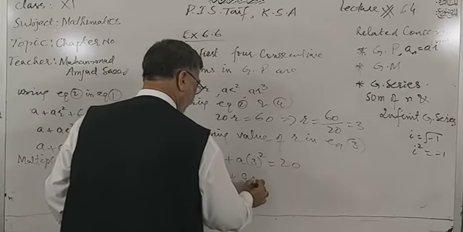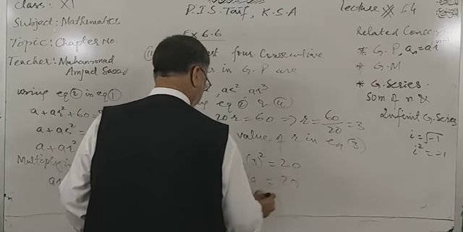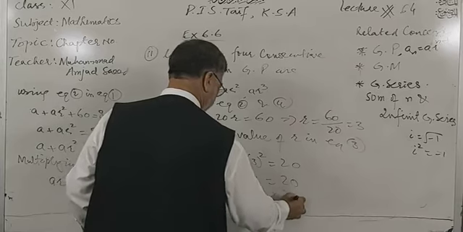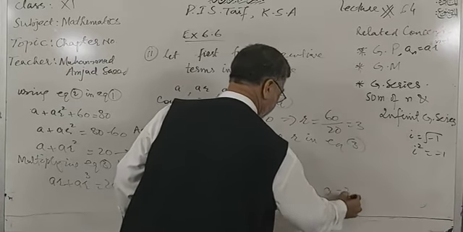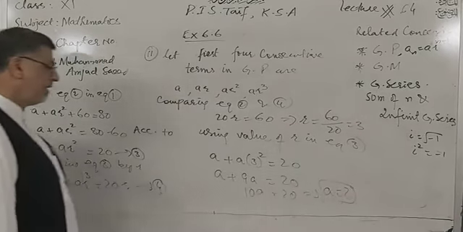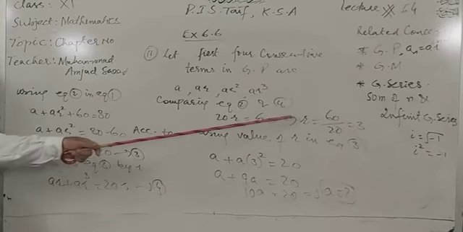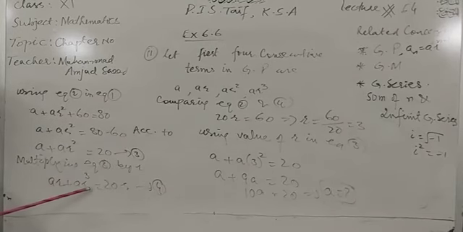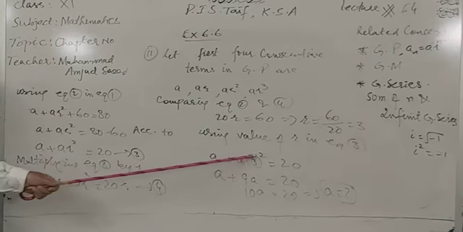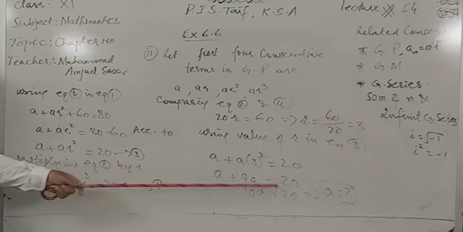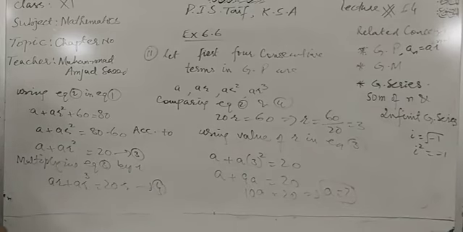A plus 9A is equal to 20. 10A is equal to 20, which implies that A is equal to 2. Dear students, we have applied the value of R as 3 here in equation number 3. A plus 3 square is 9, 9A, 10A, so A is 2.